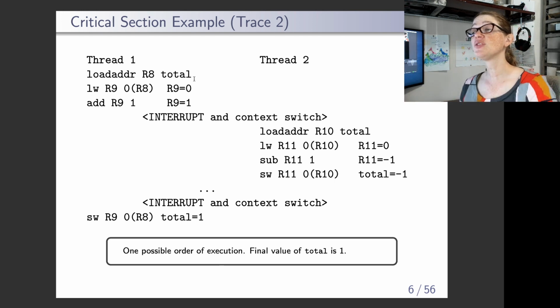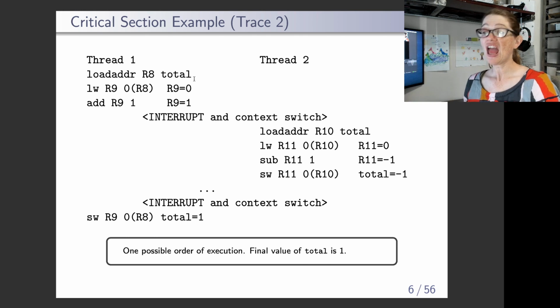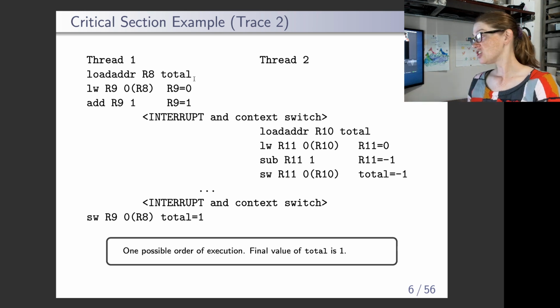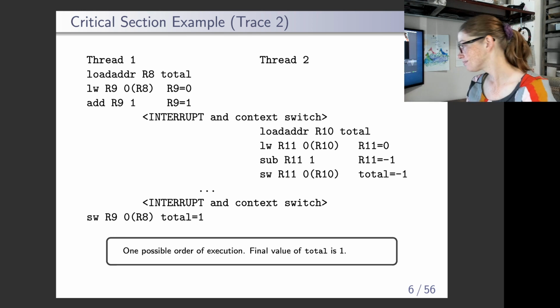And so it loads into register 11 the value of total, which it believes to be 0, and then it decrements it and stores it back. And then once we context switch back to thread 1, we end up overwriting all of the work that thread 2 did because we weren't even aware of it. So in this little order of execution, it's almost as if thread 2 didn't even run.